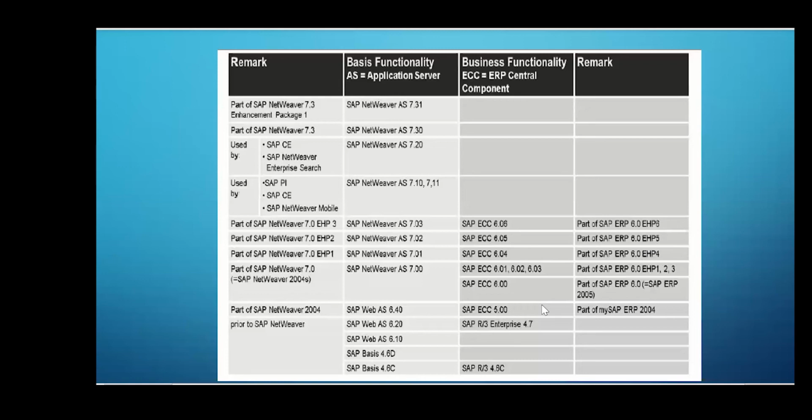One is connected with my SAP Basis, SAP WebAS, and SAP NetWeaver. So just come from bottom to top. This level has been identified as a basis technology, and you have something called CBF, core business functionality, where I have my evolution from R3 to R3 Enterprise to ECC.